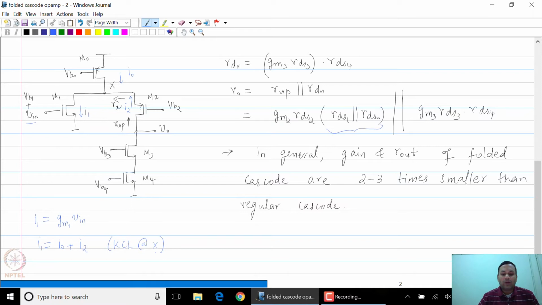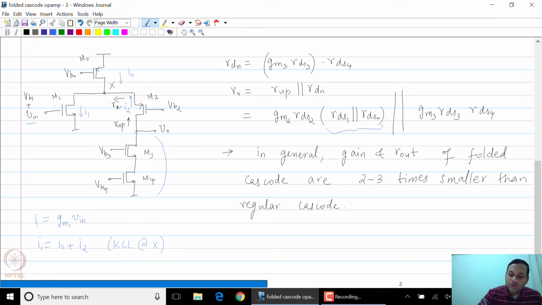Now part of this current will of course flow through M0. Ideally you want to design the circuit such that as much of I1 flows into M2 as possible. What is the impedance of this circuit looking downwards at the source of M2? Please note that the impedance at the drain of M2 is quite large.